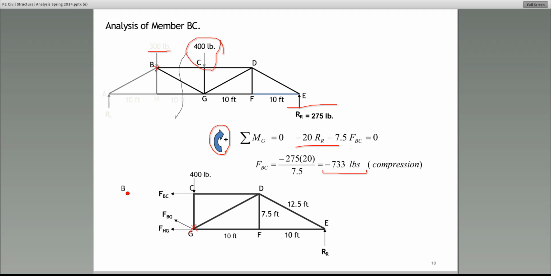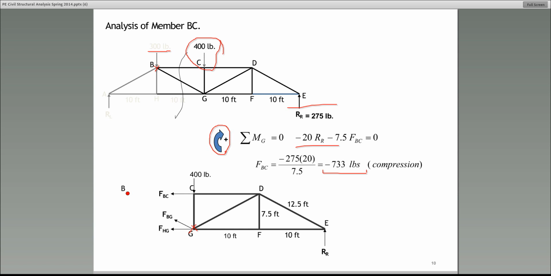Now, when I analyze the beam, pay attention. The answer that I received, 733 pounds, has a negative. You see that? That came out to be a negative 733. That negative, and this is very important, simply says that the initial assumption regarding the direction of the force was not correct.